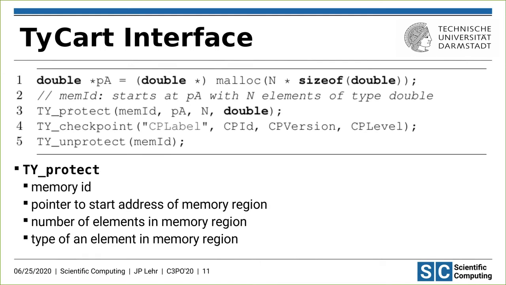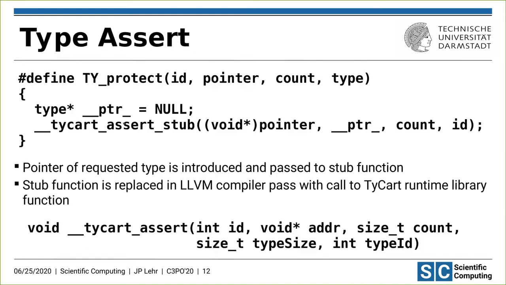Those interfacing functions are actually implemented as macros and they are transformed to something that looks like this. I'm sorry for the maybe a little overwhelming text here. We insert a pointer that is of the type that we're asserting, and then we insert what we call a stub function, sometimes also referred to as a fake function, where we pass in, again, the address and the pointer.